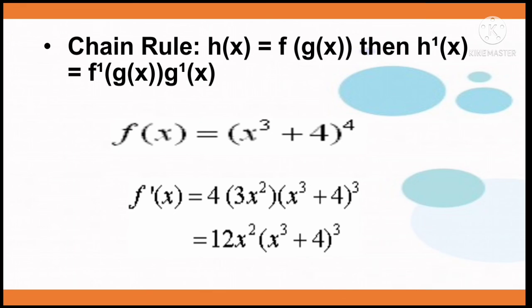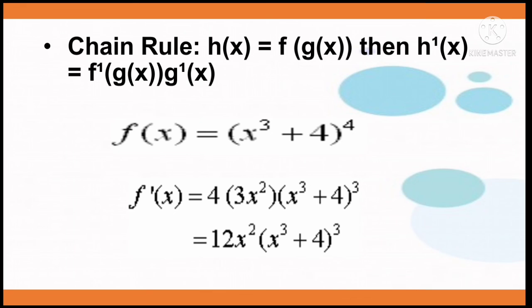So the power outside serves as our coefficient, since we need to multiply this power to our coefficient, and then multiplied to the derivative of x cubed plus 4.